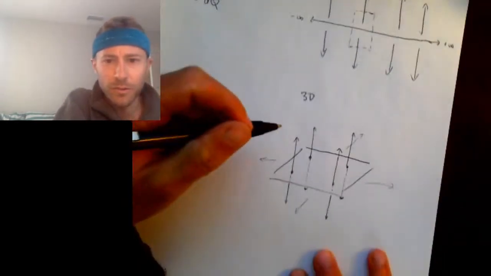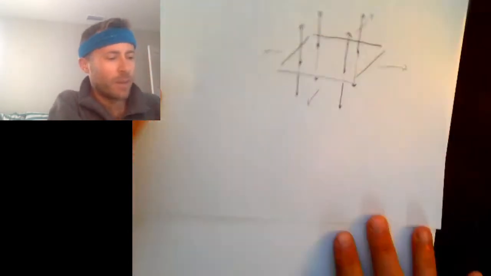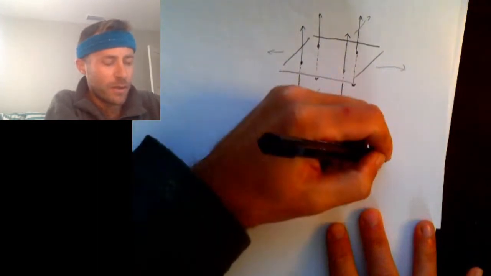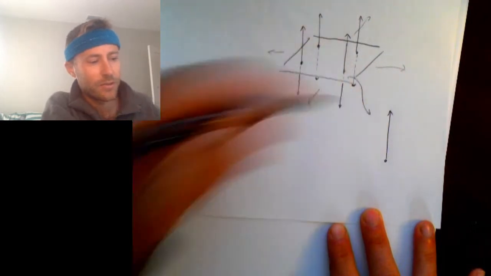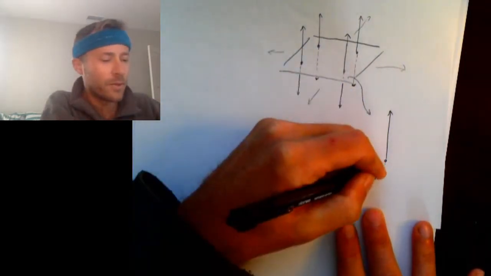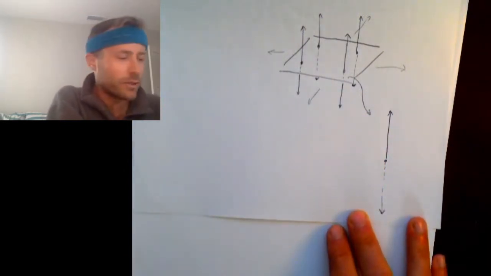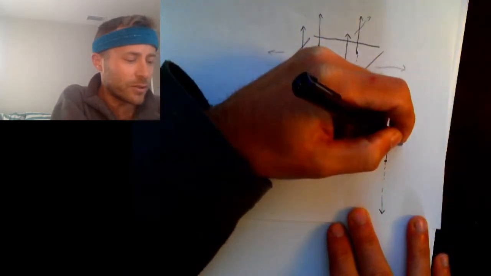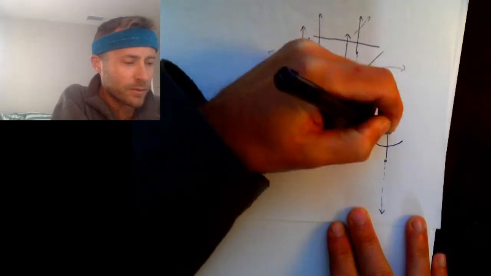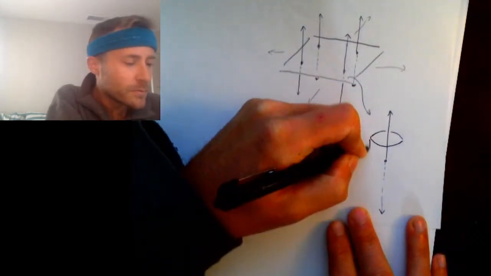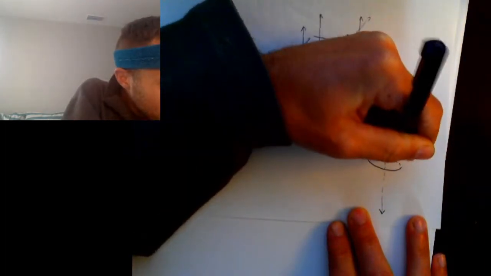Then this one is a little bit tricky to draw. Do you mind if I draw this just a little bit bigger? So here's this field line, and our Gaussian surface is like a cylinder that is like this.